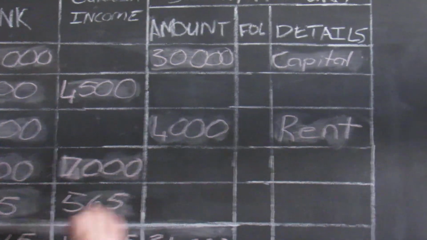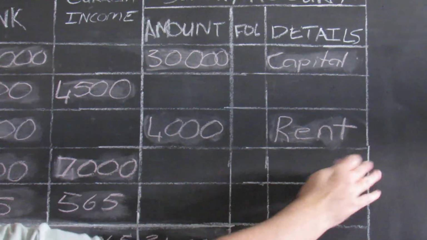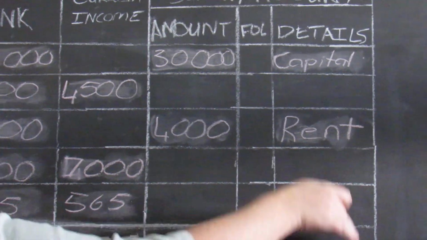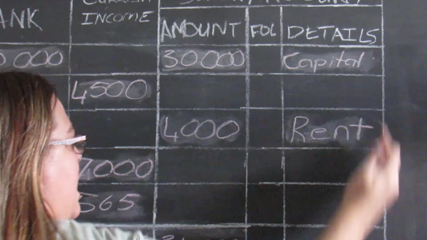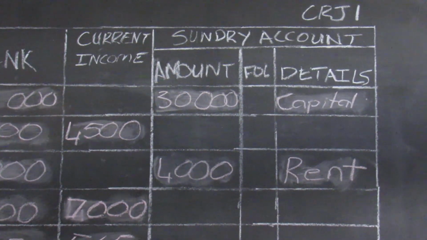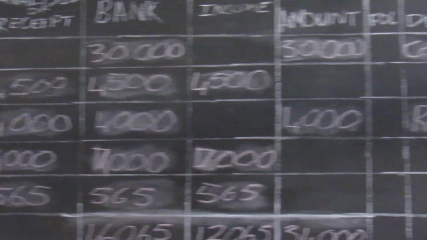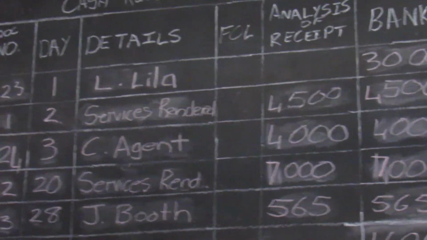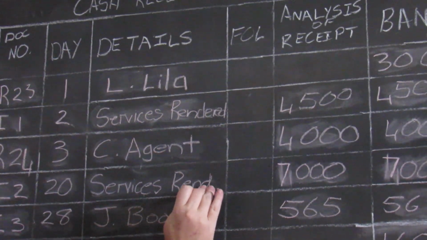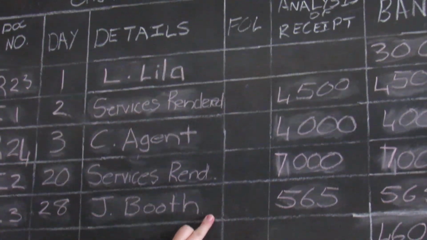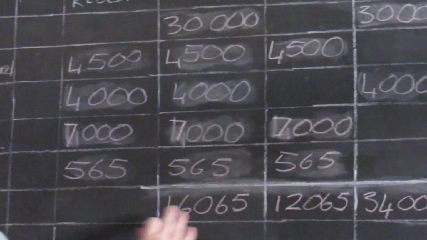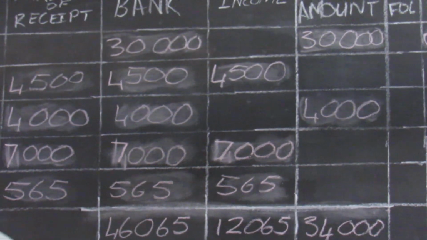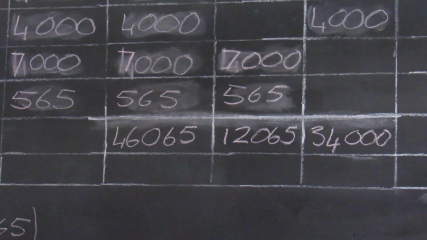Do not write down in every single line what the amount was for. The only time you put what the amount was for is when it is actually in the sundries account. Your details, if there's no name that they actually give you, you put in services rendered. If there is a name that they give you, you put that person's name. At the end of your month, add up your totals, and that is what your CRJ looks like.